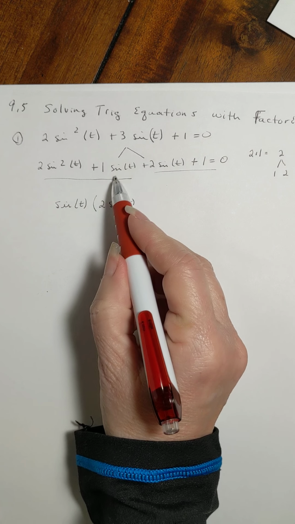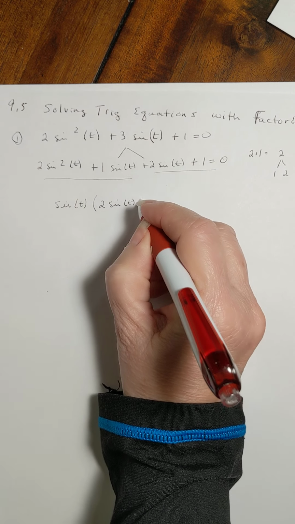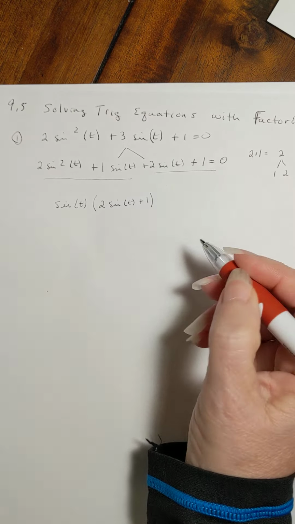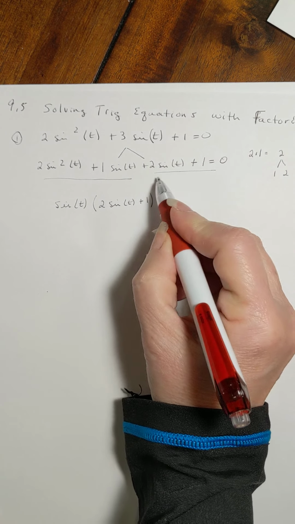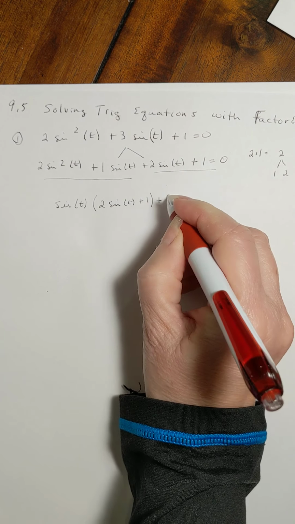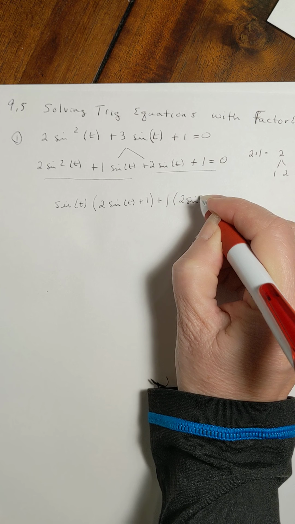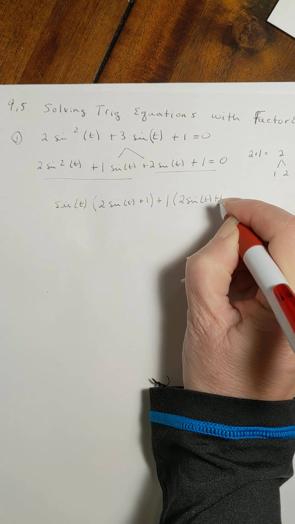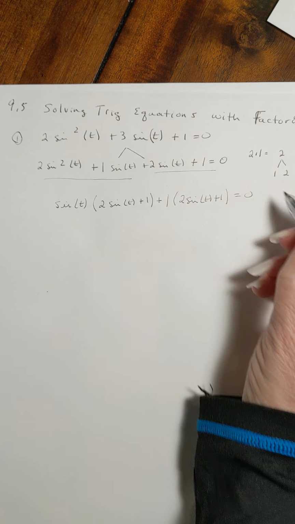And then over here, sine of t and sine of t just cancel, so I'm left with plus 1. In the second 2 terms, I don't have anything common, so I just factor out a 1, because 1 divides into everything. And I'm left with 2 sine of t plus 1 equals 0.